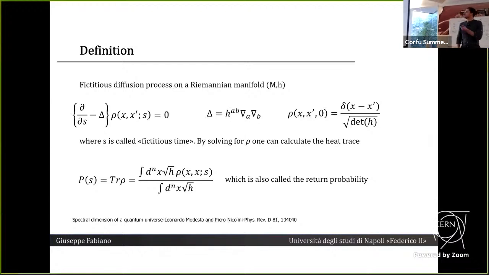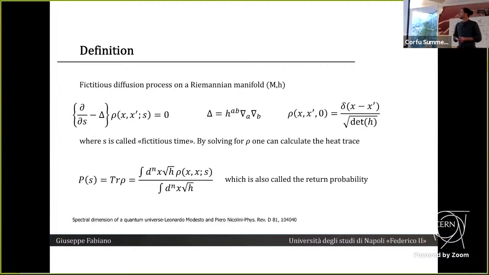So we start with the diffusion equation, which is d/ds minus the Laplacian of the diffusion function rho that depends on the starting point x, the end point of the diffusion x prime, and s, which is called fictitious time because it's not a variable that we are using to describe the manifold, and it does not even have the dimensions of time if one does dimensional analysis on this equation.